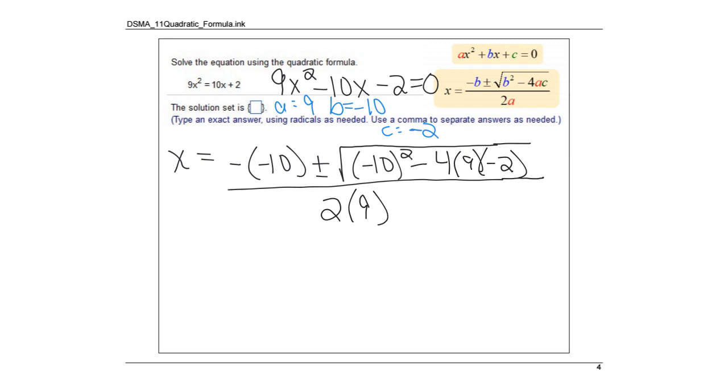All right, let's come over here and take care of under the radical. So I have 100 plus, looks like 72, but let me double check. Yeah. So let's break out 172.